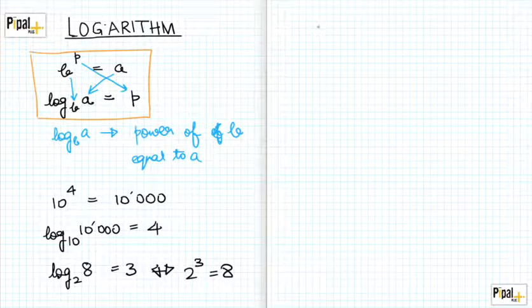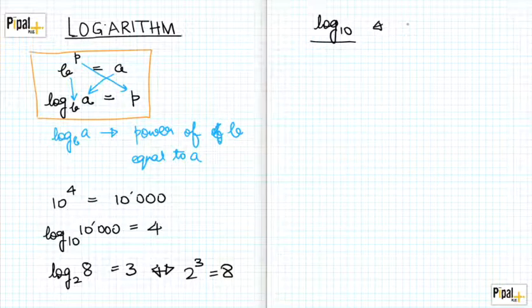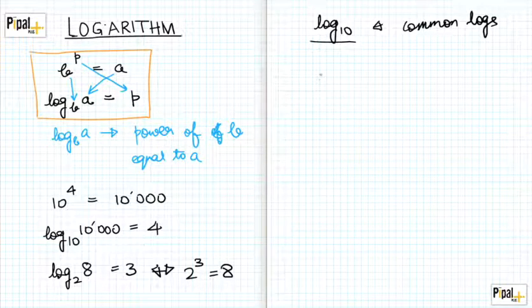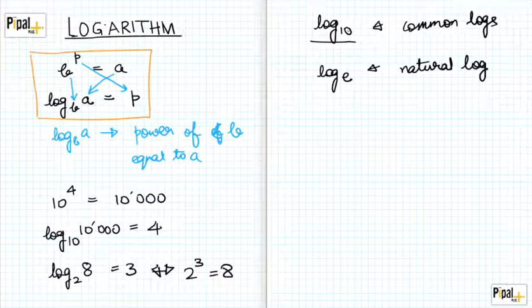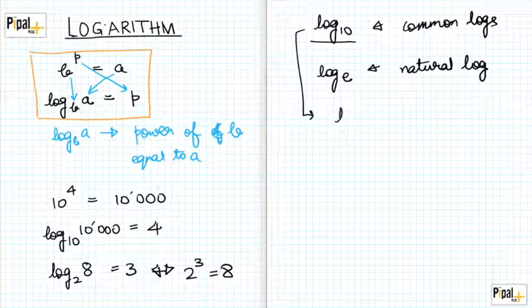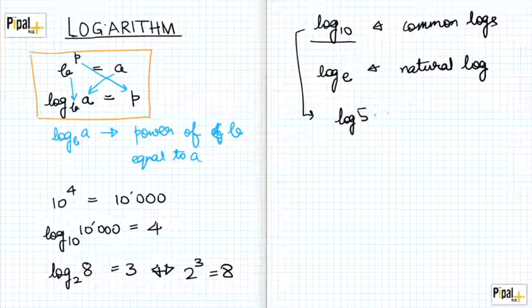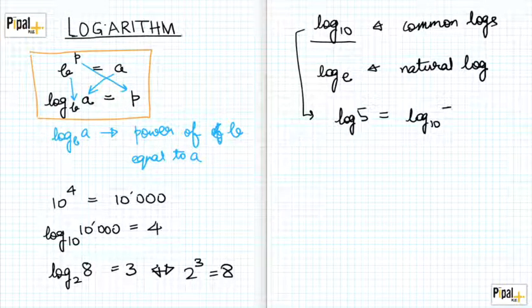Now anything to the base 10 is called common logarithms, or common logs, and anything to the base e is called the natural log. So if a question contains something in the form log of 5, with nothing given in the base, you can assume this is log base 10 of 5.